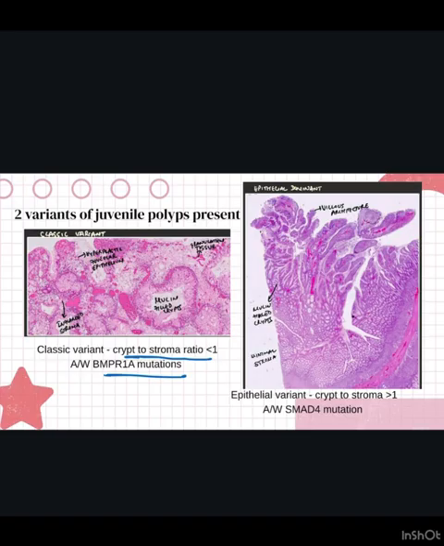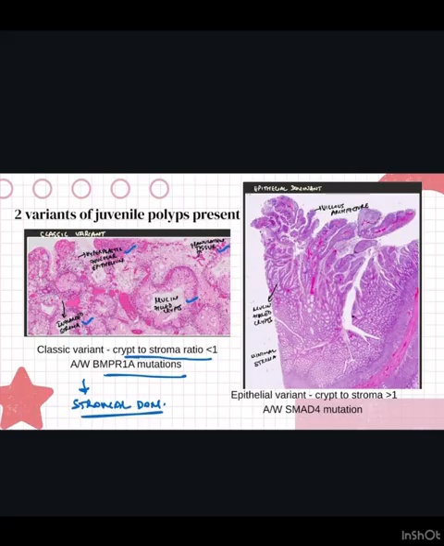So this classic variant is stromal dominant. What are the features here? You have the hyperplastic foveolar epithelium. There is granulation tissue, mucin filled crypts as we also saw before, and there is inflamed stroma.